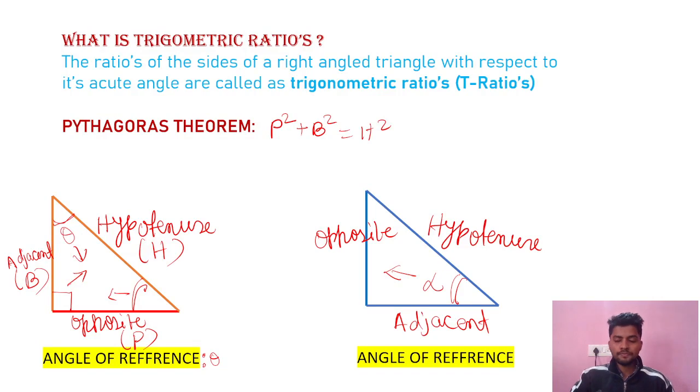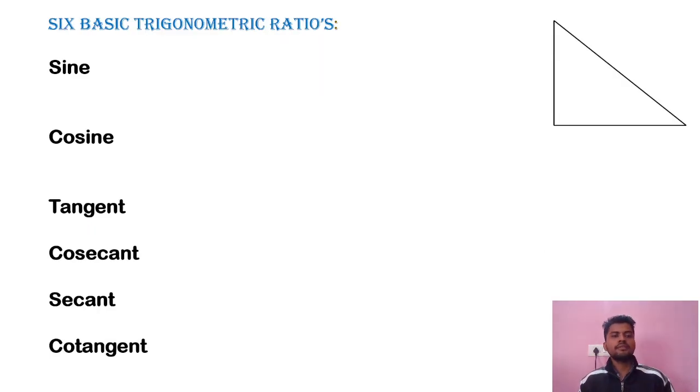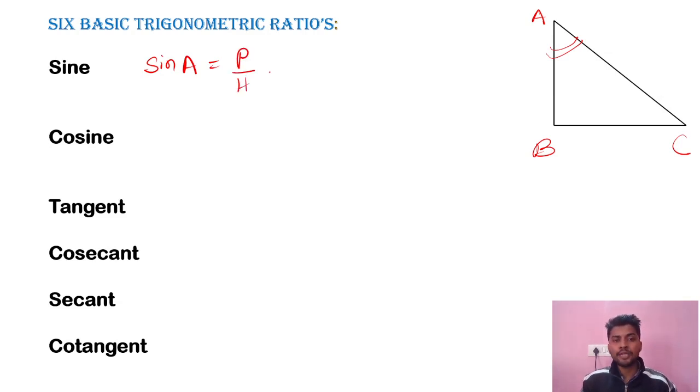Okay, let's move. Now, there are 6 basic trigonometric ratios: sine of angle A, cosine of angle A, tangent of angle A, cosecant of angle A, secant of angle A, and cotangent of angle A. If we choose this angle as angle A, with the triangle named A, B, C, then sine of angle A is perpendicular by hypotenuse, or in terms of opposite, opposite by hypotenuse.